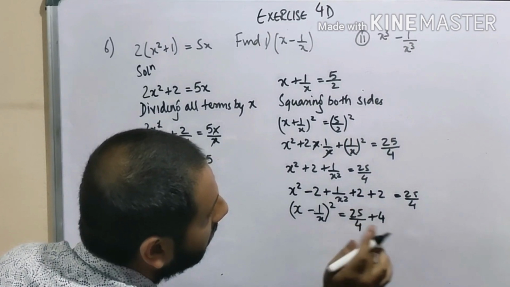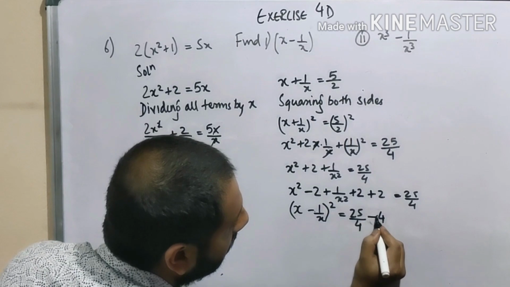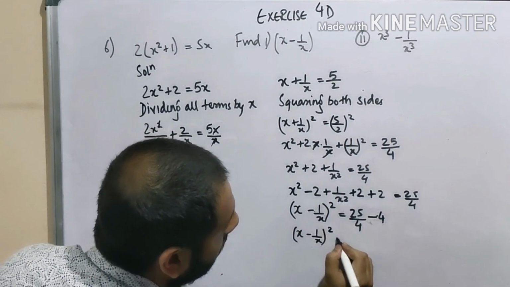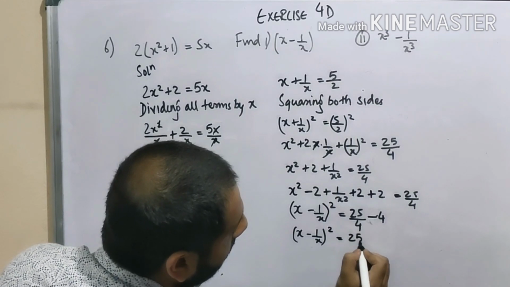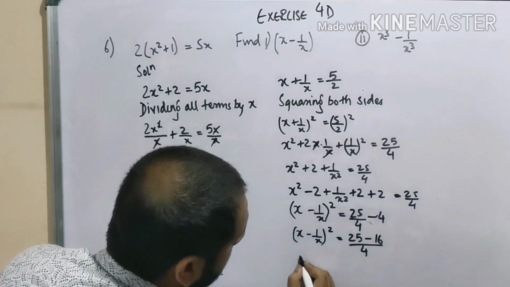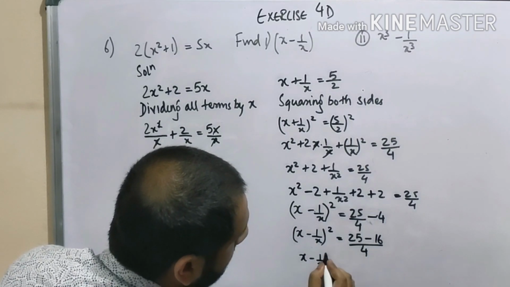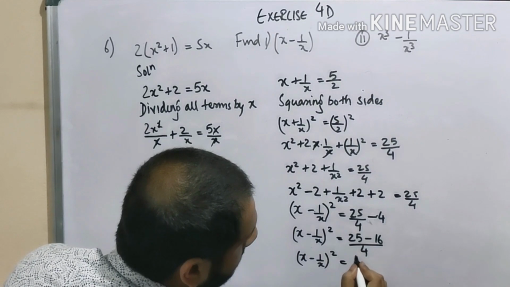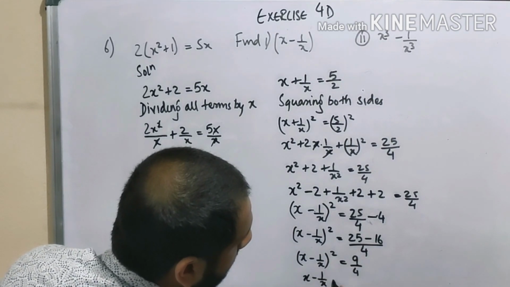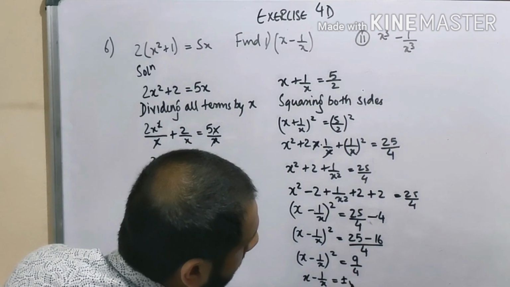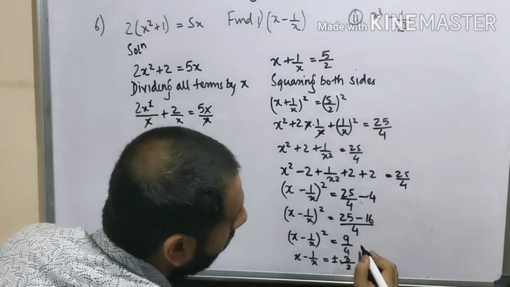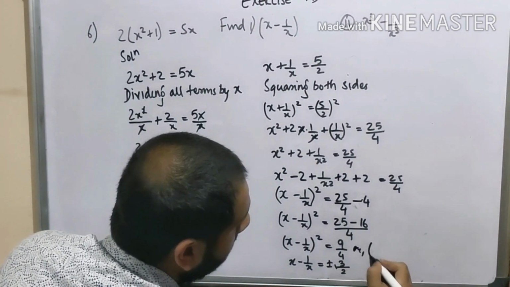Sorry, this becomes x minus 1 by x whole square is equal to 25, LCM is 4, 25 minus 4 into 4 is 16. x minus 1 by x whole square is equal to 9 by 4. So x minus 1 by x is equal to plus minus 3 by 2, when I take the square root this side.